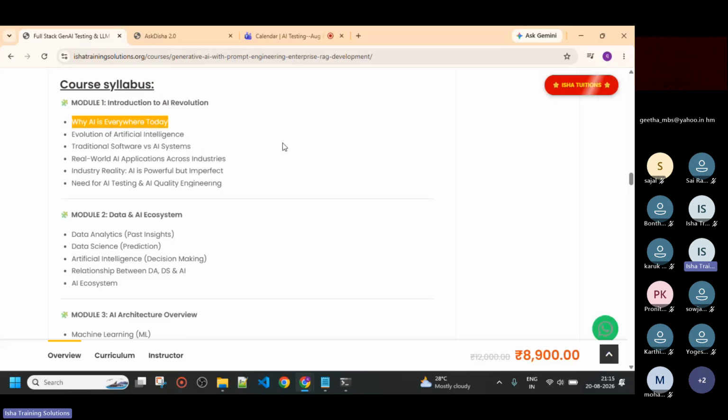Mostly, we are utilizing AI more than 20 times per day, depending upon the applications we use, but we don't know what exactly is going on in the backend. We are going to learn that in machine learning and deep learning concepts. The major thing we are going to discuss first is massive data availability.